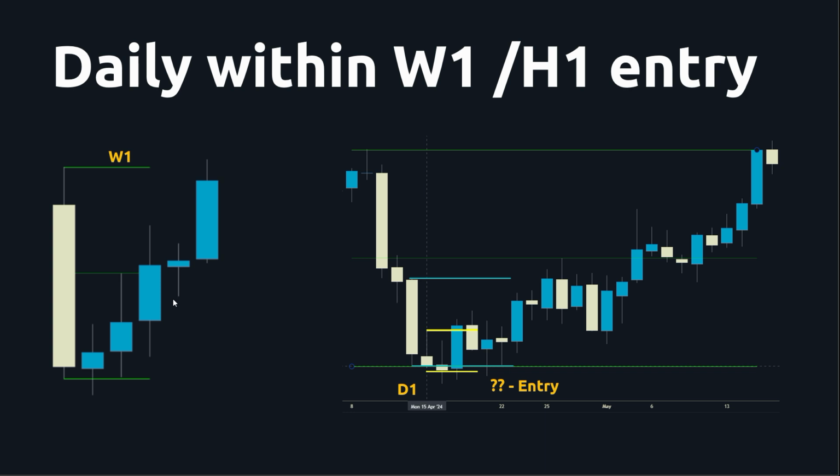What is powerful on this method is that we can actually trade lower time frame ranges within the higher time frame ranges, right? So here is a weekly range, but within this weekly range we can have a smaller daily range, right?